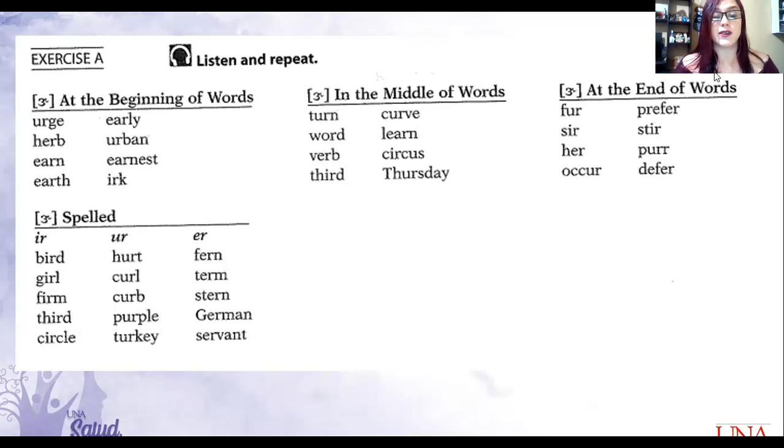And finally, we have the ER spelling, which is the most common one and easy to recognize for us. So we have fern, turn, stern. Remember to say stern, not never S, stern, German, and servant.